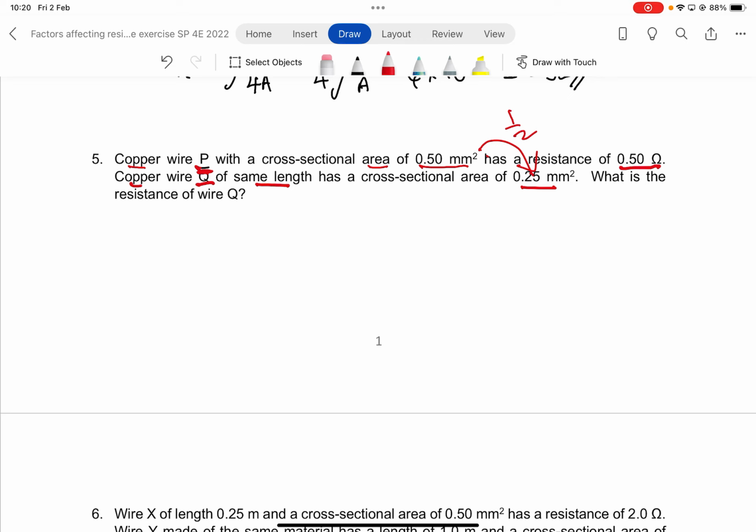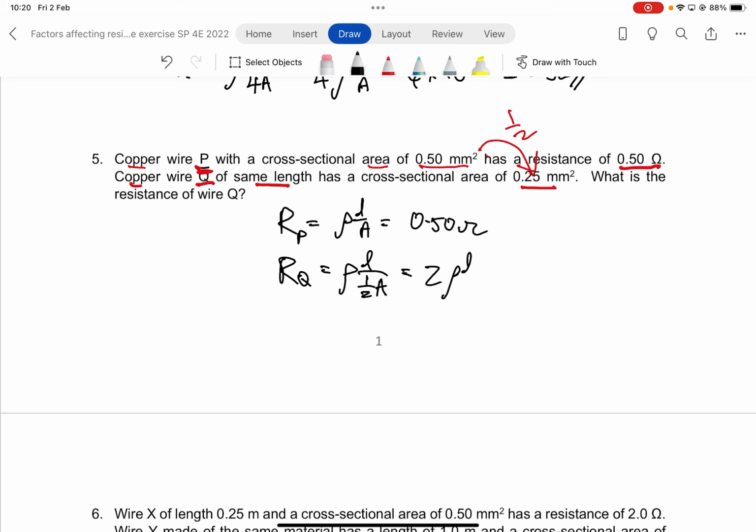So RP, they give it a name, so RP equal to rho L over A is 0.50 ohms. RQ is rho L over half A. The area is halved, everything else is the same. So half in the denominator, 1 over half is 2, right? So 2 times rho L over A. So it's 2 times of 0.5, so you get 1.0 ohms. Okay, 2SF, so 1.0.